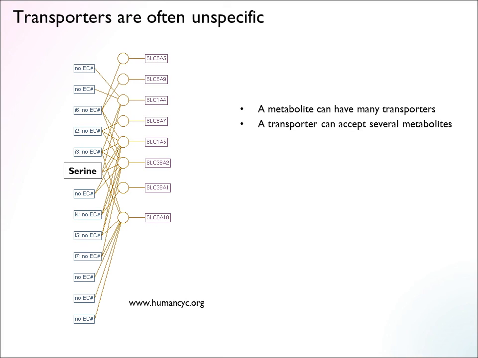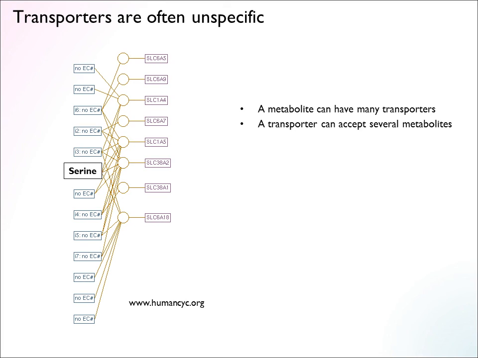So what we know from the biochemical characterization of these transporters is that it's frequently the case that a metabolite can have many transporters that accept that metabolite. And conversely, any given transporter can accept several other metabolites. So you can look at this in databases like the human-seq database.